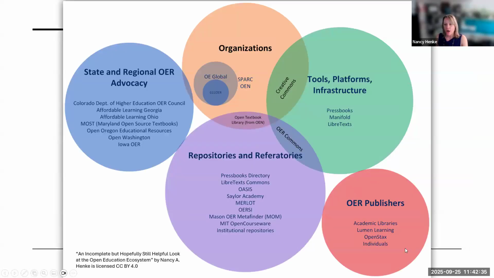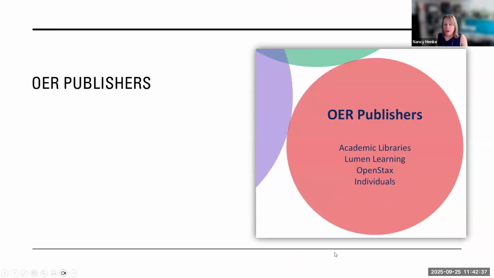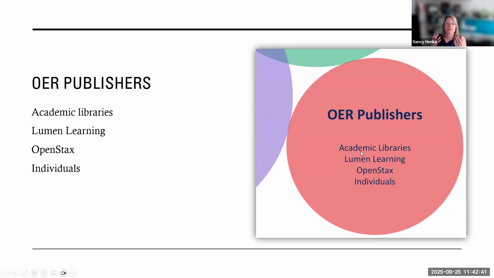Let's go ahead and jump to OER publishers. Now, OER publishers, we've already talked about academic libraries. Academic libraries support a lot of OER publishing. Certainly not all, but a lot of it. But there are other actors in this space as well. So you may have heard of Lumen Learning. OpenStax is a nonprofit, sort of a gold standard in the OER world.